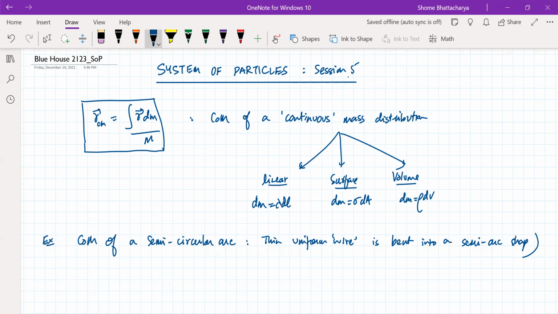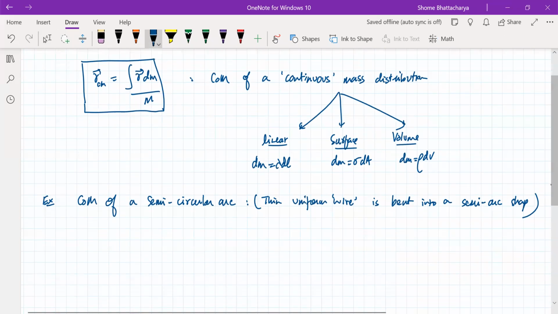So where would the center of mass be? The system we are looking at here is something like this.